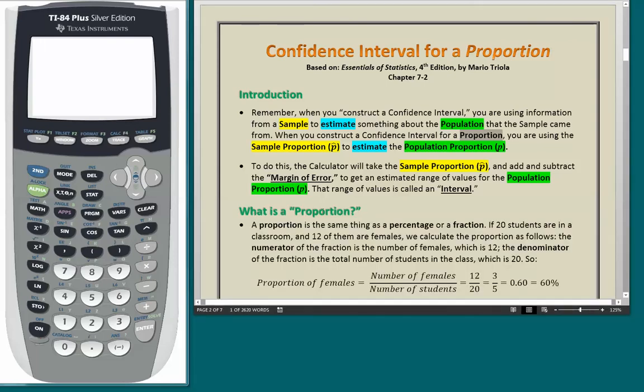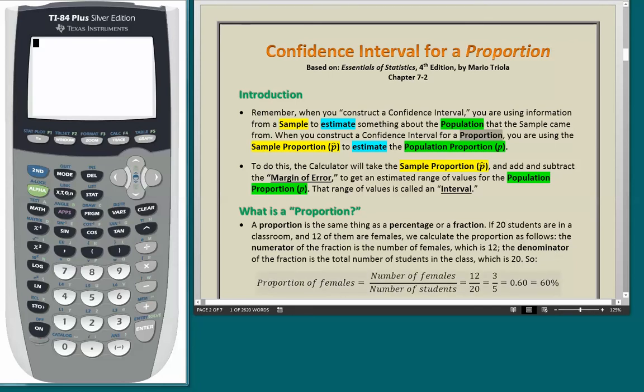So what exactly is a proportion? A proportion is the same thing as a percentage or fraction. If 20 students are in a classroom and 12 of them are females, we calculate the proportion of females as follows. The numerator of the fraction is the number of females, which is 12. The denominator of the fraction is the total number of students in the class, which is 20.